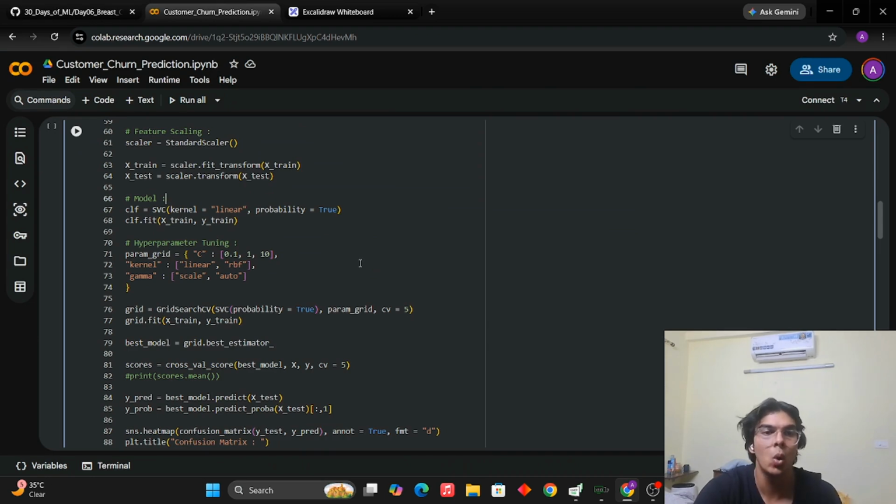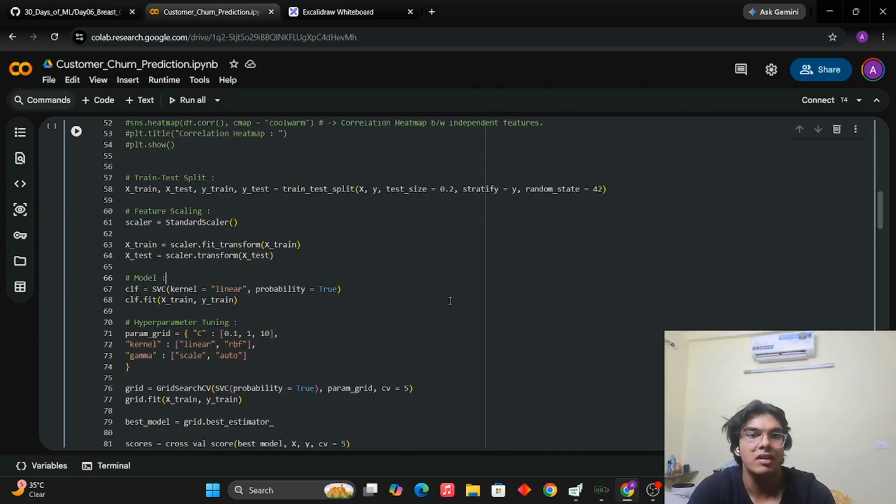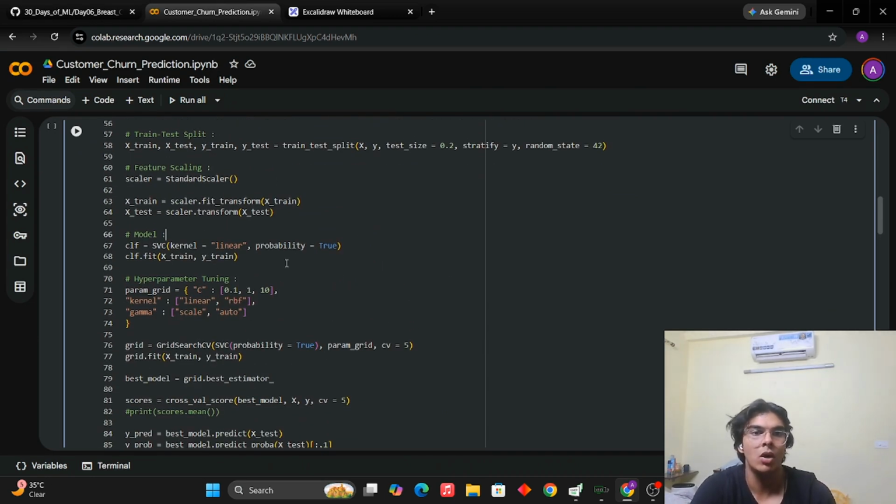Now, getting back to the code, after the feature scaling, we have got the model. In the SVM model, we have different types of kernels involved, which means different types of functions that we can use to classify the data. There's the linear function, there's the quadratic, and there's the RBF. Linear is the most naive.